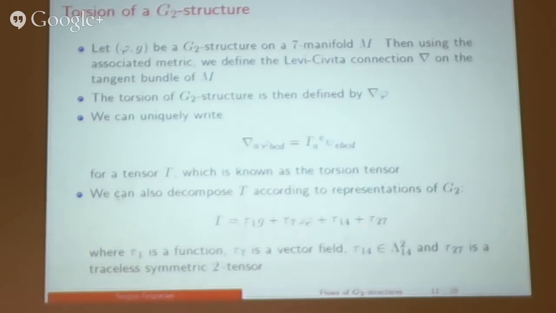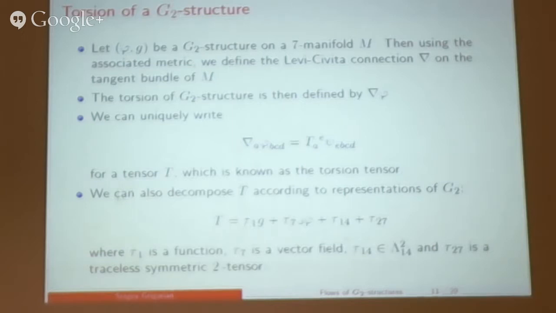The skew-symmetric part of T is essentially a two-form, and we know two-forms split into a 7-dimensional piece and a 14-dimensional piece. So tau 14 is a two-form with values in the 14-dimensional representation, and tau 7 is just some vector field.